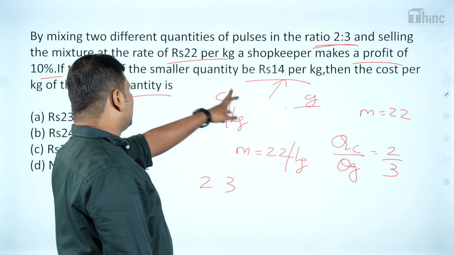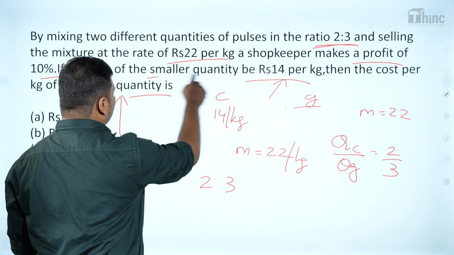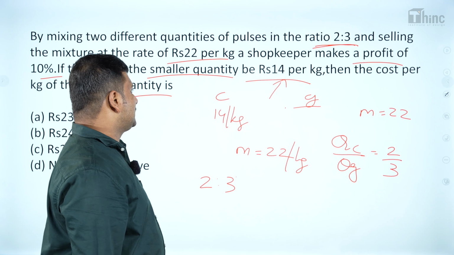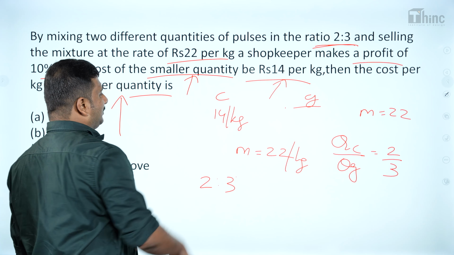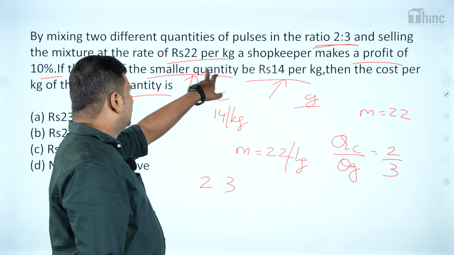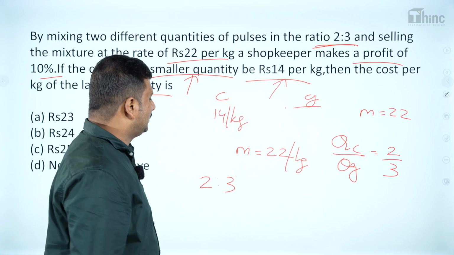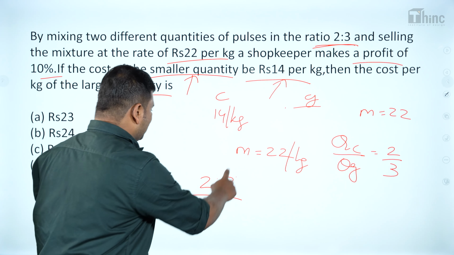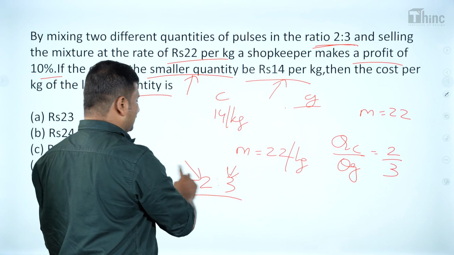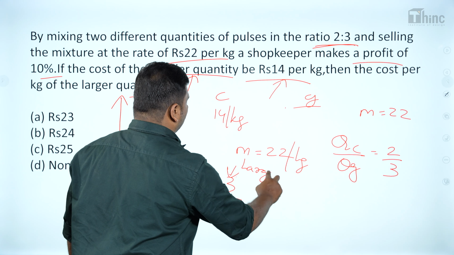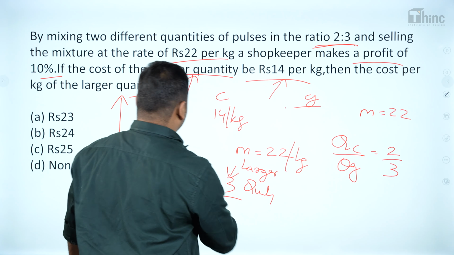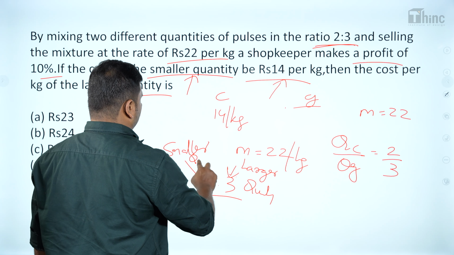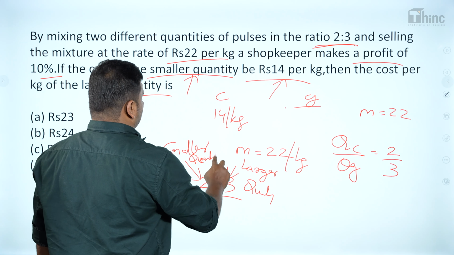The cheap quality is the smaller quantity, because we have the mean price 22, the cheap quality's price is 14, and that is the smaller quantity. So the larger quantity is nothing but the good quality. Since they are mixed in the ratio of 2:3, the larger quantity is 3 and the smaller quantity is 2.